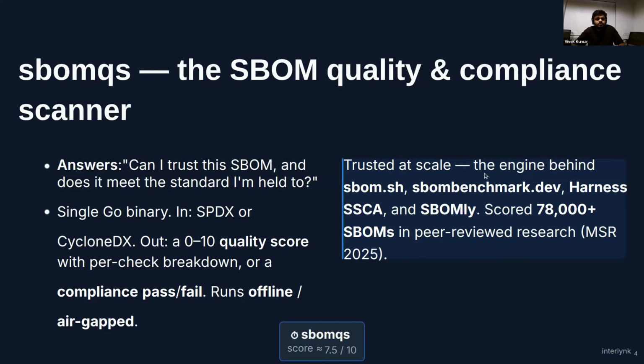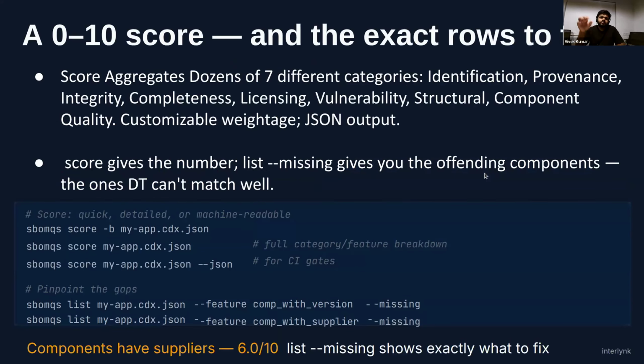So yeah, now coming to the score. Once you get an SBOM, you simply run the score command and you get the score. Now a score could be whatever, 0 to 10. Then comes the debugging part: why is your score low?